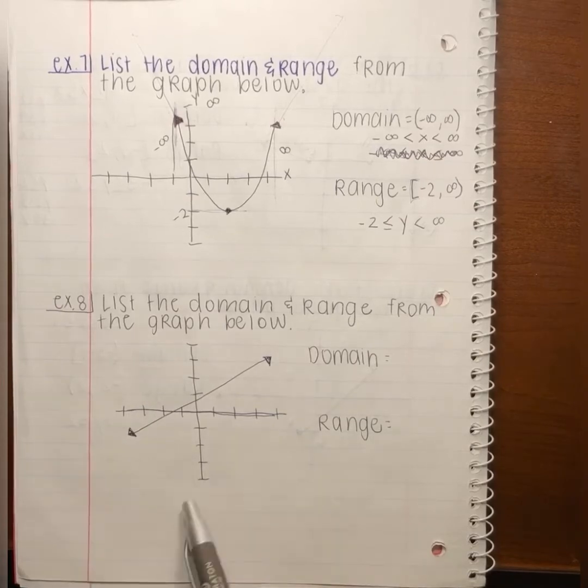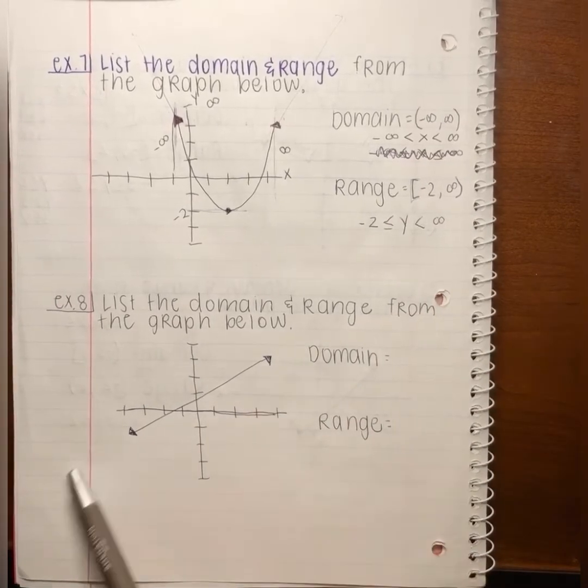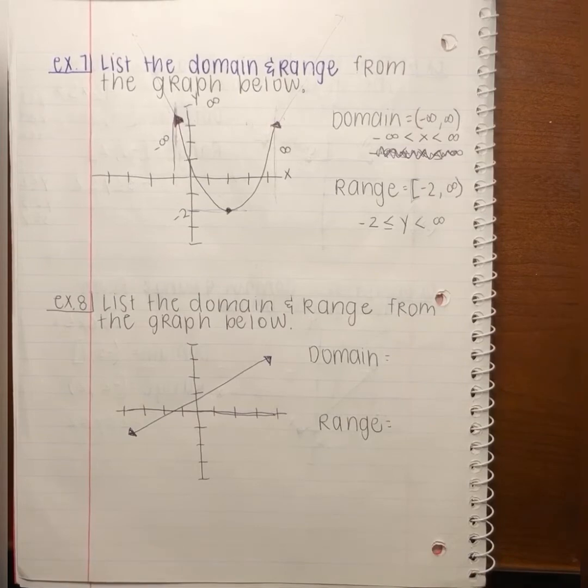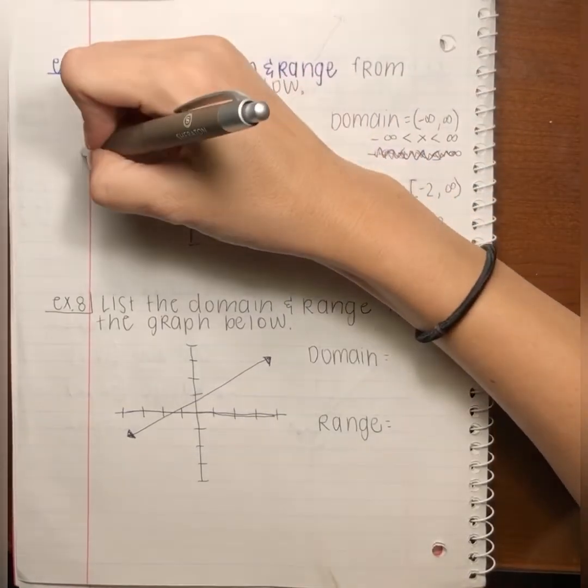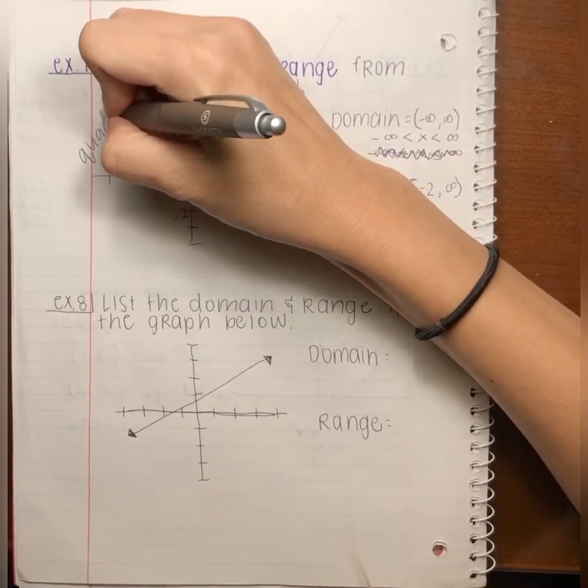Next example, we have a straight line, which means this is a linear function. Okay, so we're going to look at domain and range for linear functions. Okay, the cool thing about domain and range for linear functions is that they are always the same. Which reminds me, for quadratic functions, okay, I'll label this quadratic.